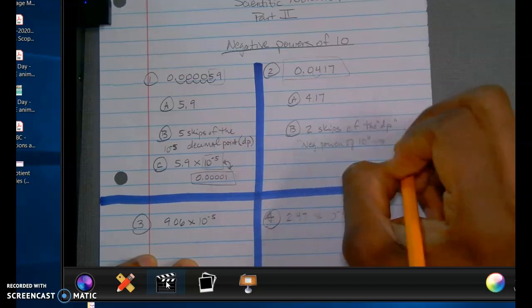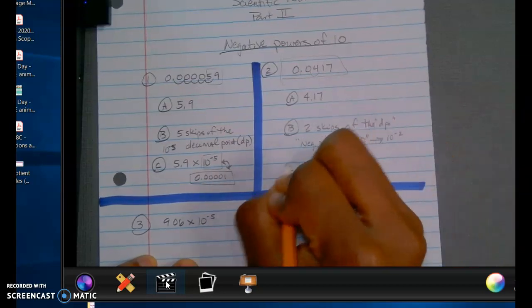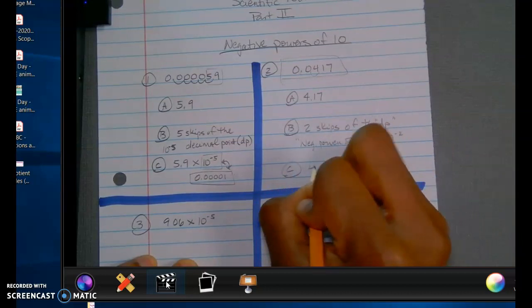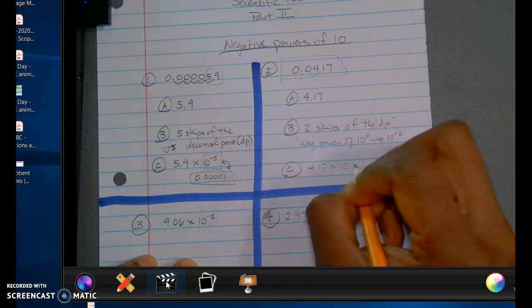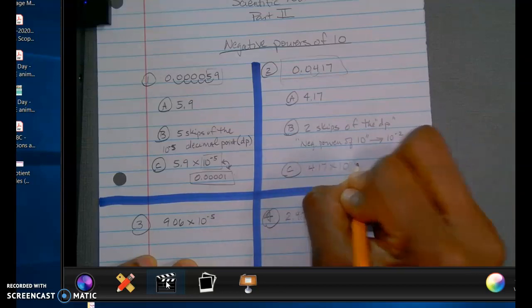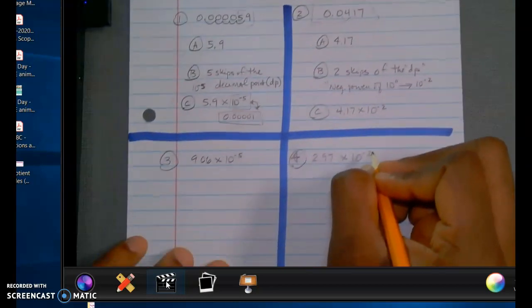In this case, it's going to be 10 to the negative 2. Putting these things together, I'm going to use my coefficient, 4.17, multiplied by 10 to the negative 2.